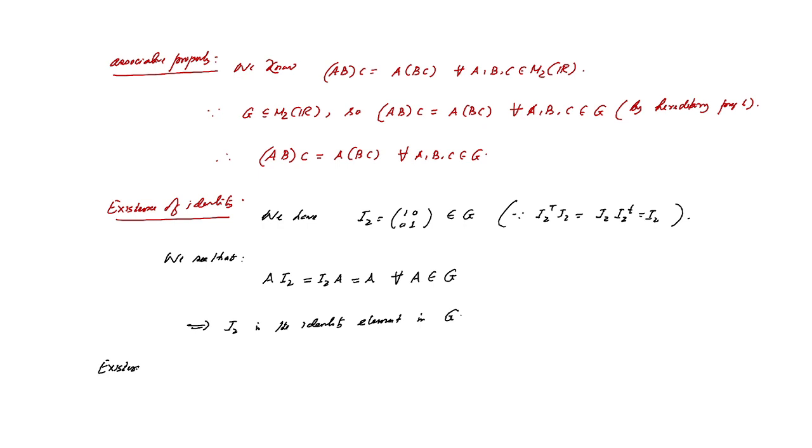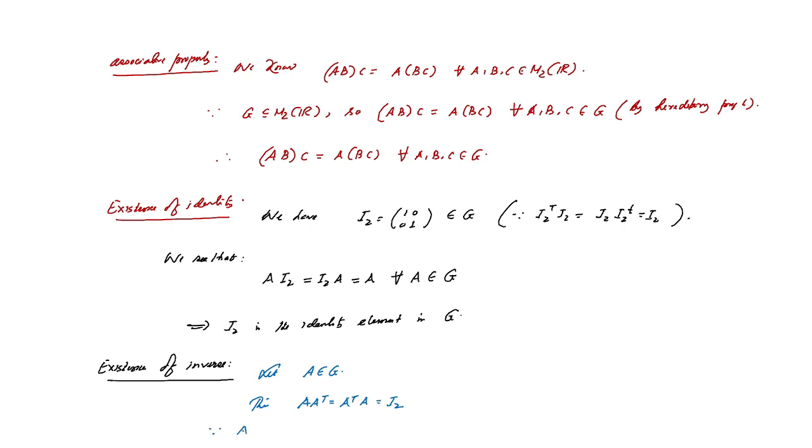Now we'll move to the last property for a group, the existence of inverse. So let A belong to G. Now we need to find the inverse. Since A belongs to G, A transpose A equals the identity.